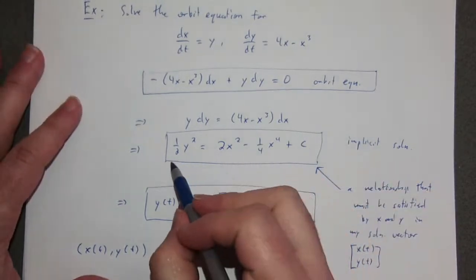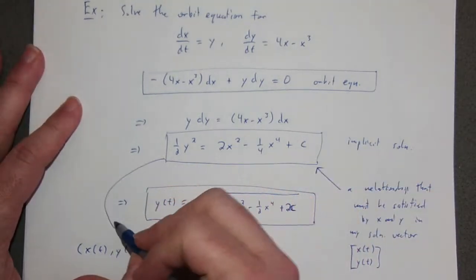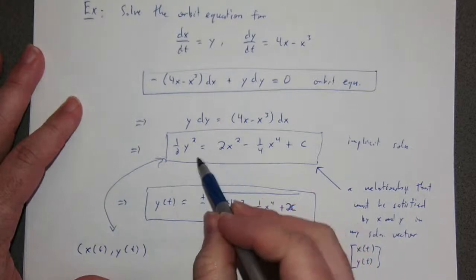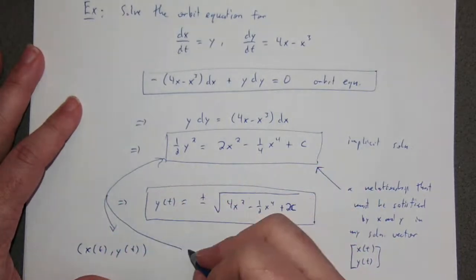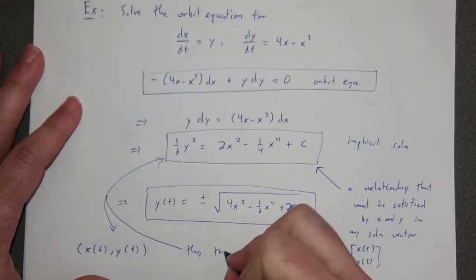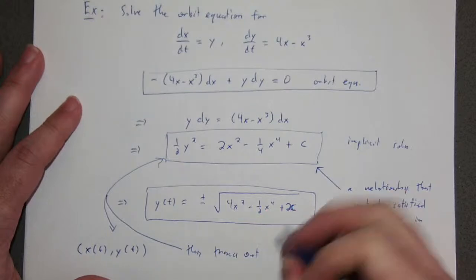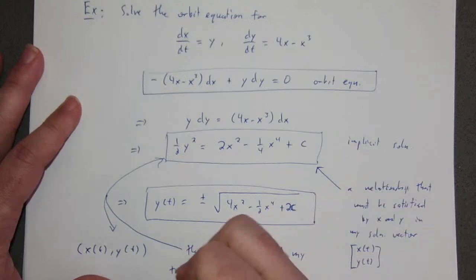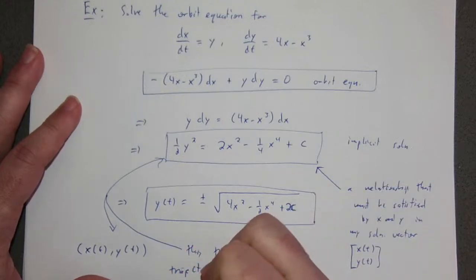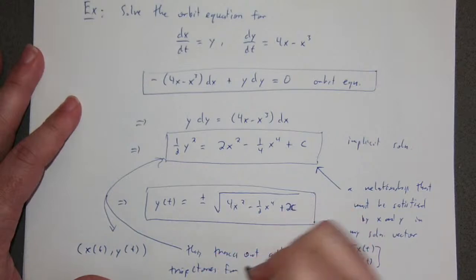What does this look like graphically? X and y satisfying this relation traces out all my trajectories for the system.